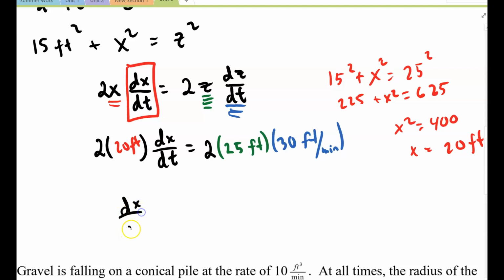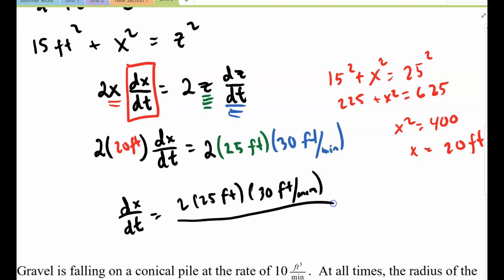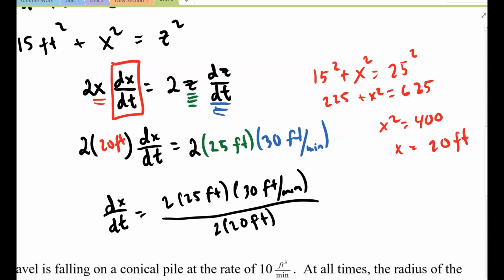So dx/dt is equal to 2 times 25 feet times 30 feet per minute, all divided by 2 times 20 feet. So that is a numerical answer, and that would be your answer. But for our purposes, we want to simplify this.